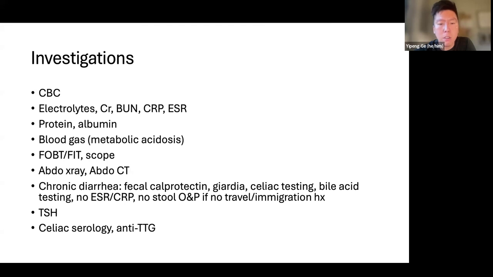Just to see if there's any inflammatory picture with a fecal calprotectin, Giardia for infectious, and then celiac with an anti-TTG, for example, if they're already consuming gluten-containing foods, to see if they might be diagnosable for celiac disease. And a TSH, a thyroid stimulating hormone, to get a picture of whether they have hyperthyroidism or something more like a thyroid cancer, as mentioned before as well.